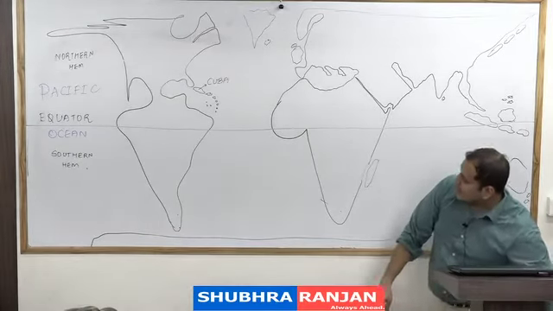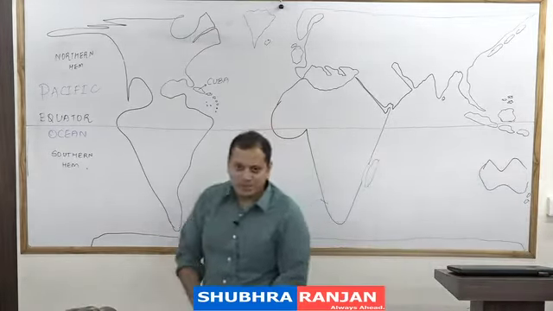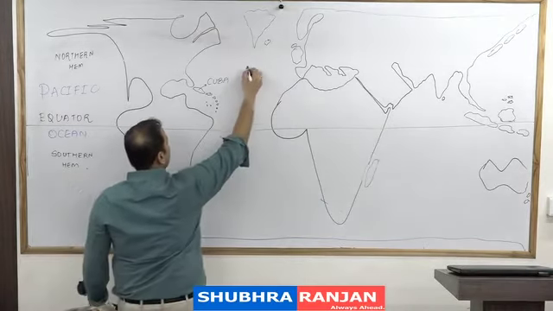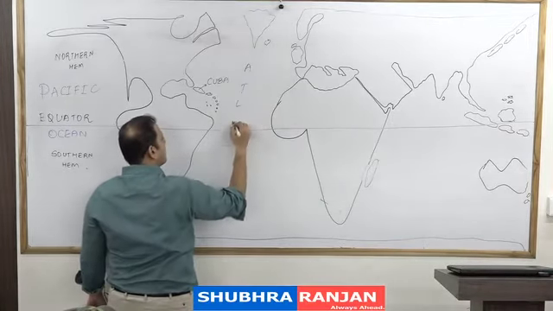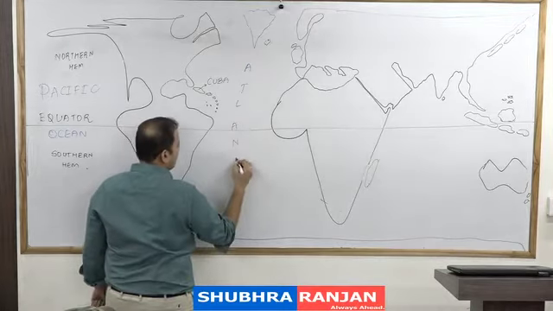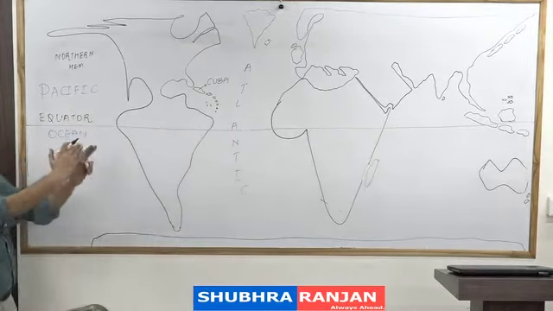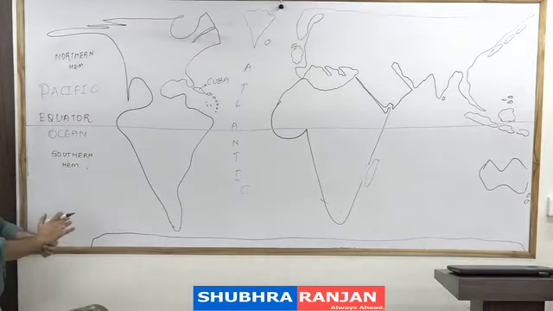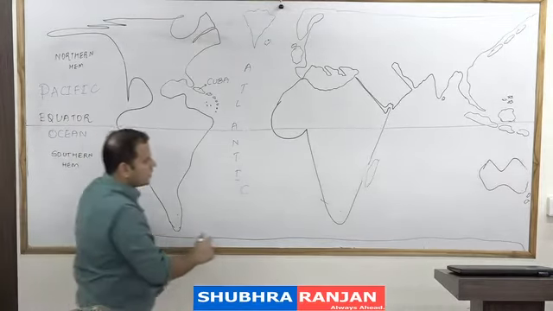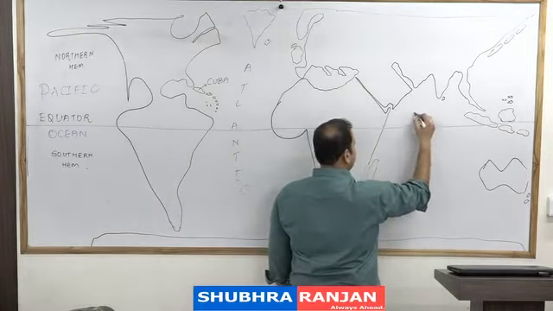Uske baad what is the name of this ocean? It is an Atlantic Ocean. Can I say Atlantic Ocean has somewhat S shape? What is the third ocean here? Indian Ocean.